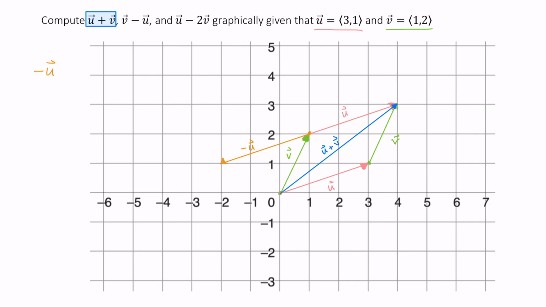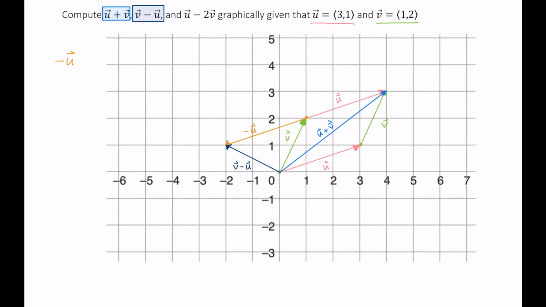Now instead of using a parallelogram, that tells me that if I start here, there we are, at the origin, and go to the tip of negative u, this vector here is v minus u. Okay, so we've done v minus u.